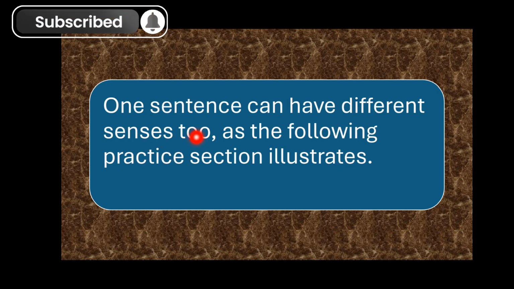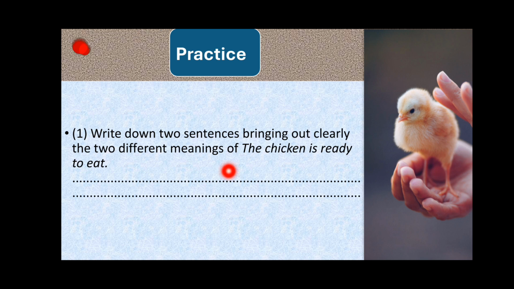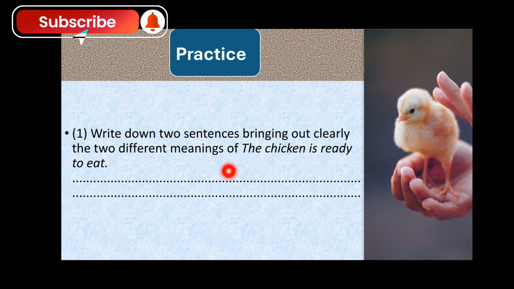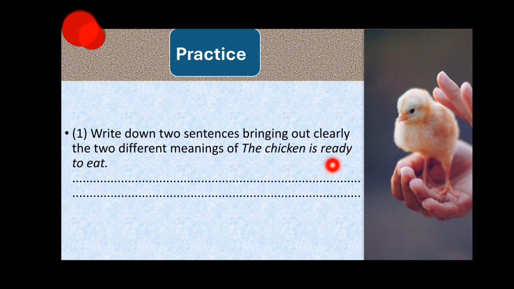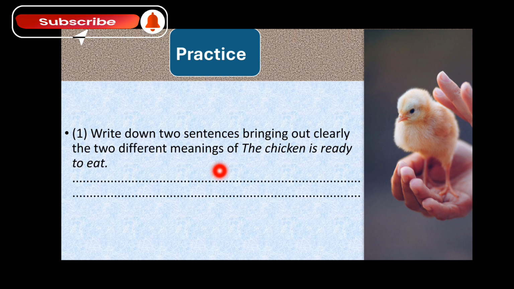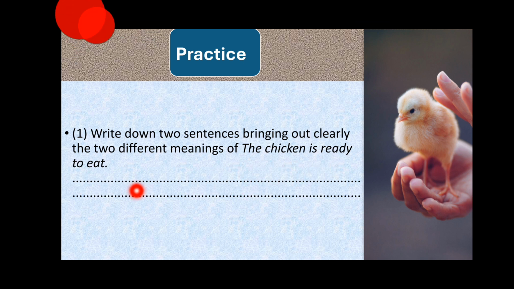So one sentence can have different senses too, as the following practice section illustrates. For example, it's very interesting. Write down 2 sentences bringing out clearly the 2 different meanings of the chicken is ready to eat. So the sentence actually has 2 different senses. What will you write?